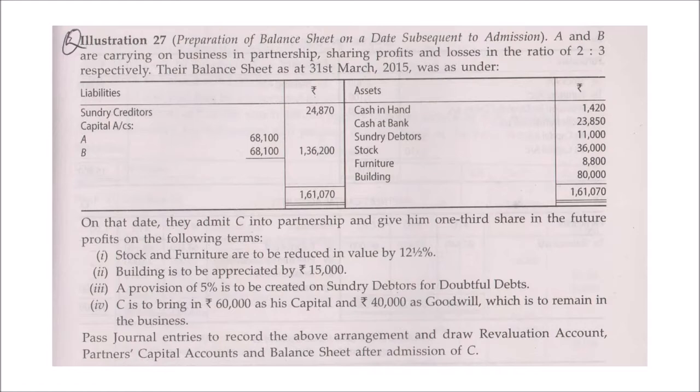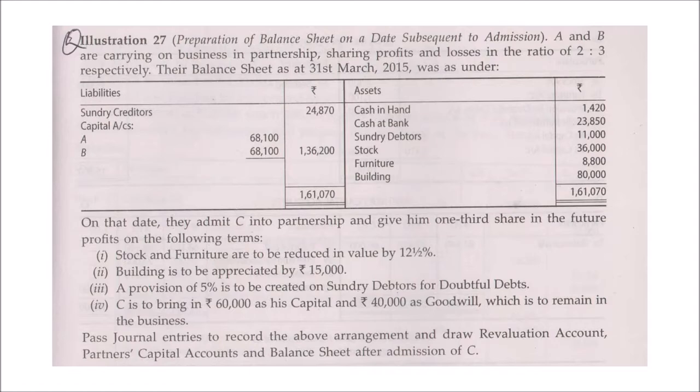Asset side: cash in hand rupees 1,420, cash at bank 23,850, sundry debtors 11,000, stock 36,000, furniture 8,800 and building 80,000. The balance sheet total is 1,61,070 rupees.